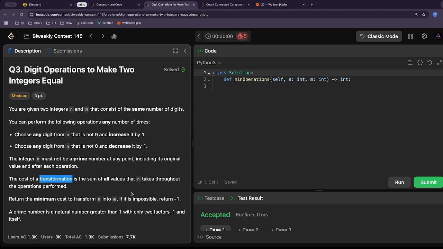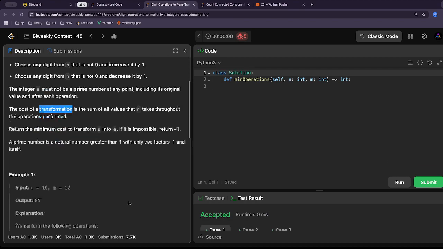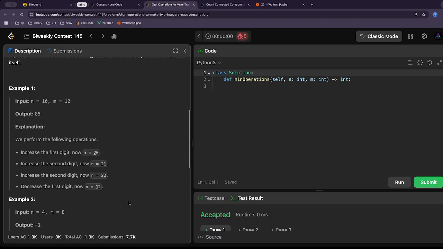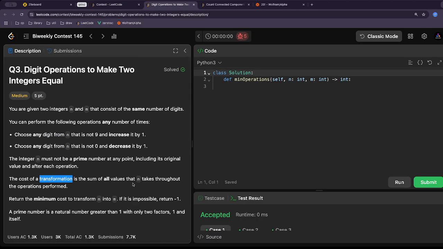And there is one thing that is not clarified in the description, that I assumed was allowed, but it turned out, so I got a wrong answer in the contest, because it wasn't allowed. It's not specified in the description, which is that you cannot decrease the leading digit and make it 0, right? All the numbers have to have the same number of digits.